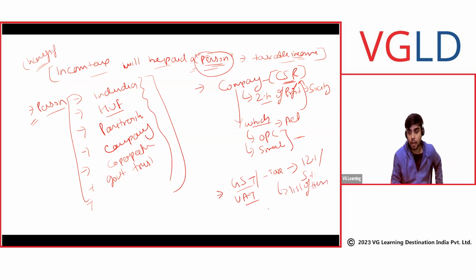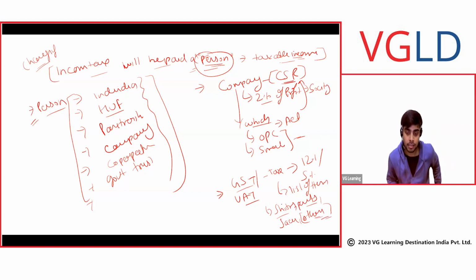Let's talk about shirts, pants, or jackets and others. If I write "other" in a list in an Act, what does this other mean? Can anyone tell me what this other means? Does this other mean pen, car, or does it mean anything related to clothing?